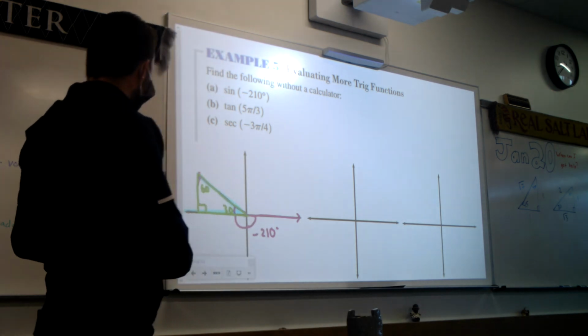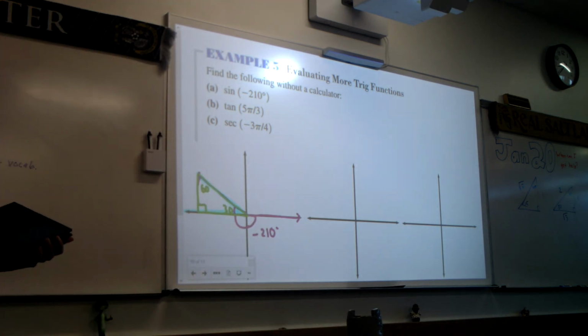All right, Micah, how did you label these sides? The opposite side would be 1, and then the bottom side would be adjacent.